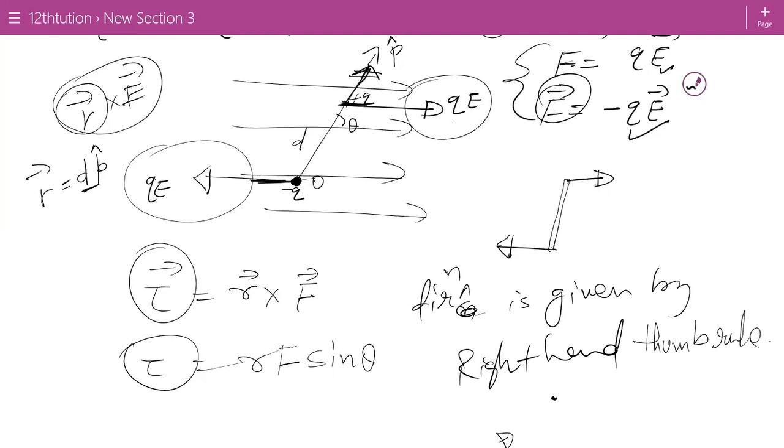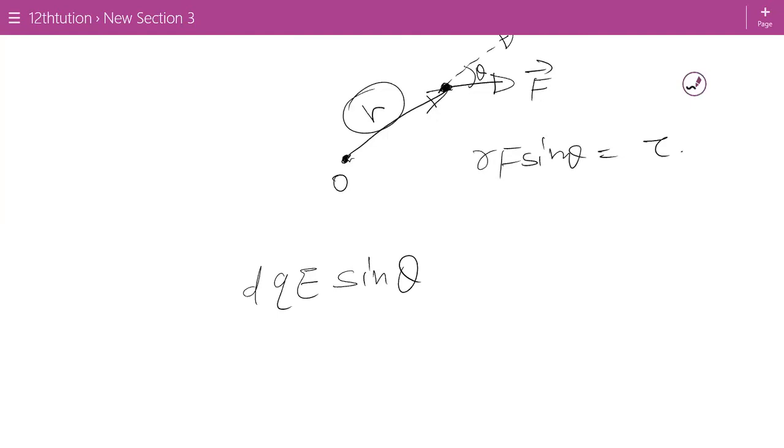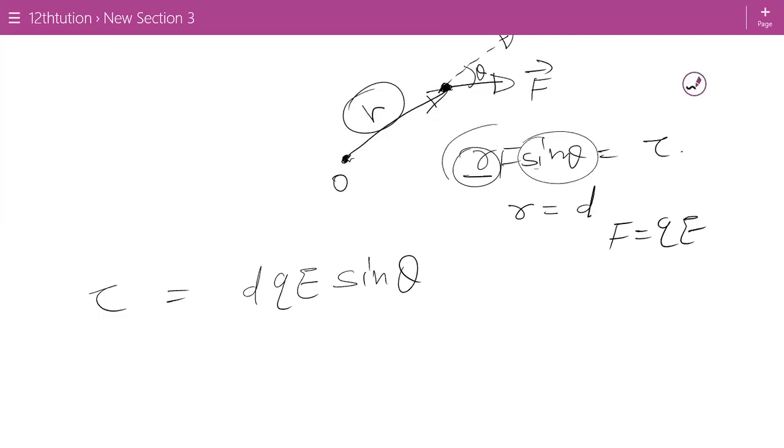Now the force is QE, and the angle between them is theta. If this angle is theta, this angle is also theta. So it will become d QE sine theta. R is equal to d, F is equal to QE, and sine theta is sine theta. That is the formula we used for torque.